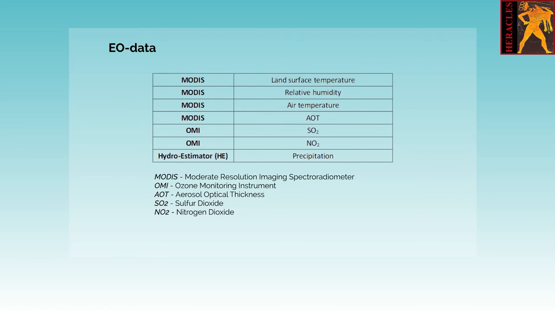OMI, the Ozone Monitoring Instrument aboard Aura, monitors ozone and other trace gases and provides us SO2 and NO2 values for HERACLES. And the Hydro-Estimator uses data from geostationary satellites to estimate rainfall rates on a global scale.